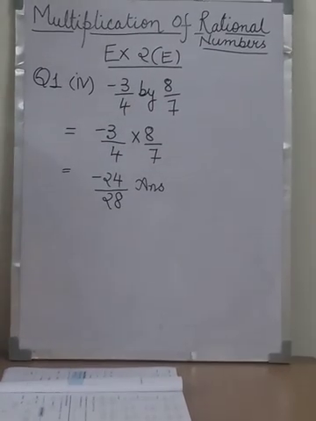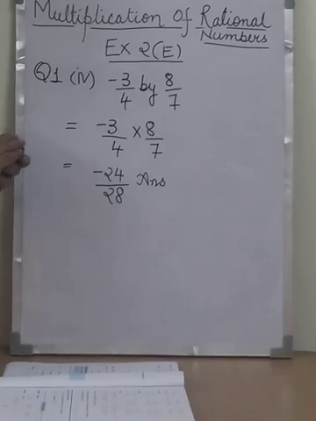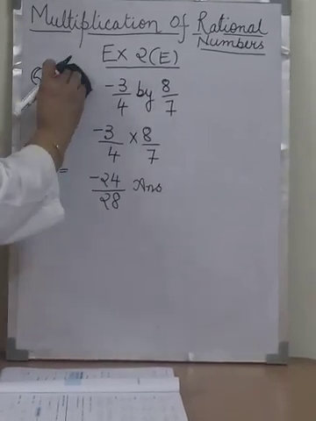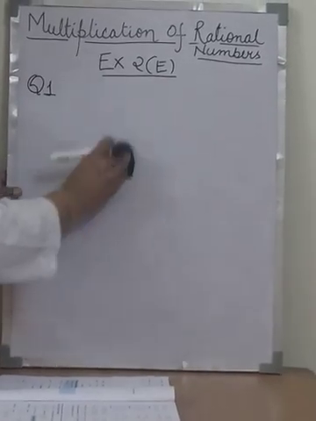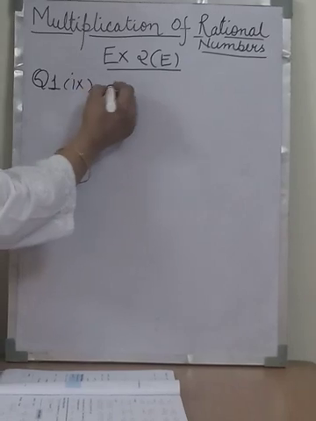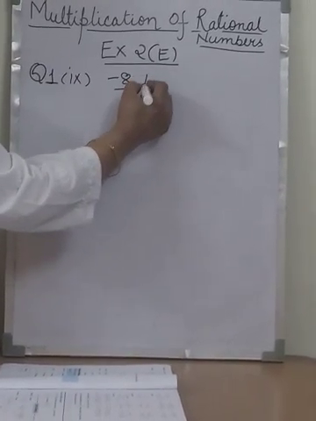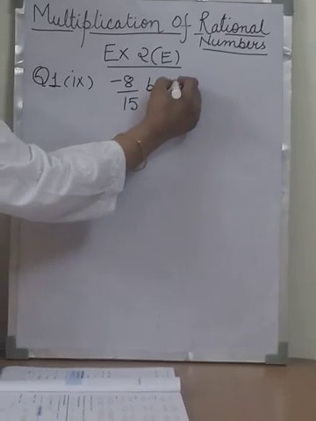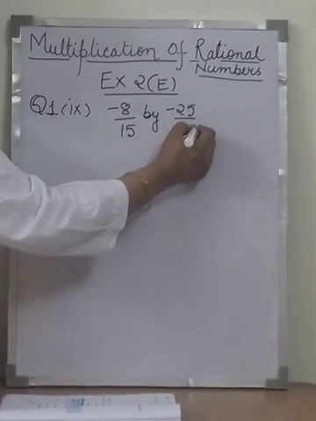Then I discuss question number 1, 9th part with you. What is given in the 9th part? It is -8/15 by -25/32.